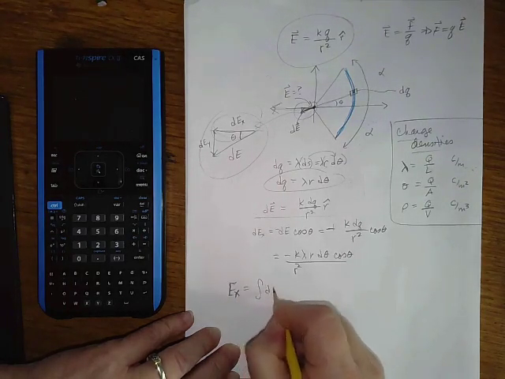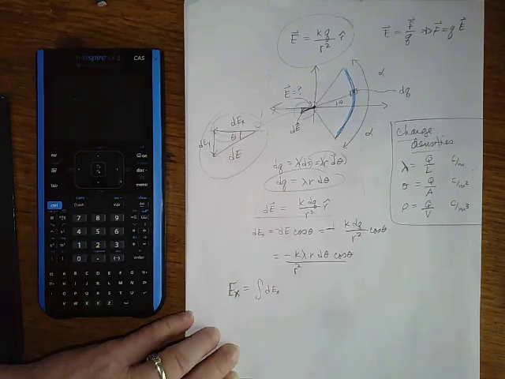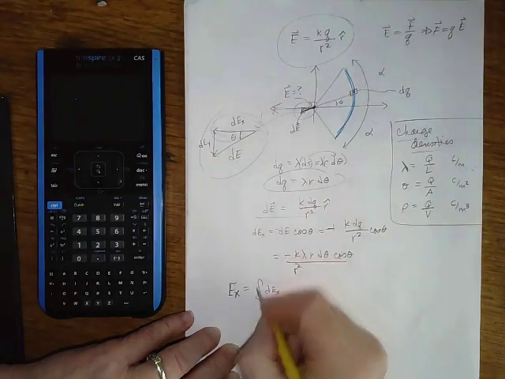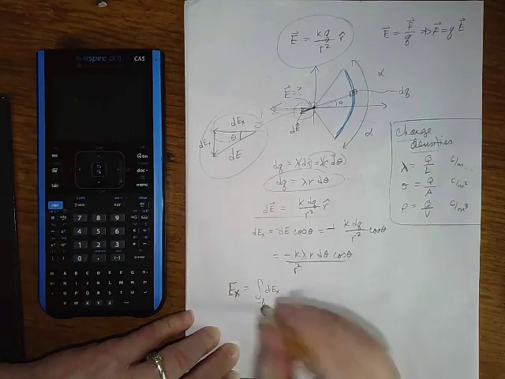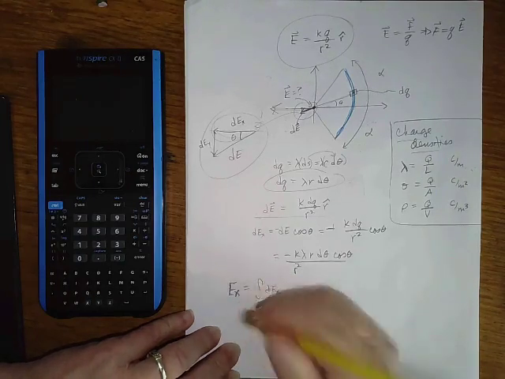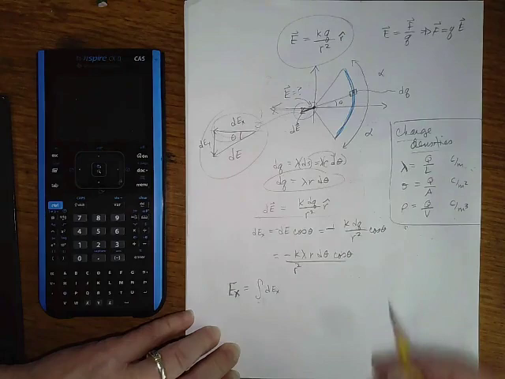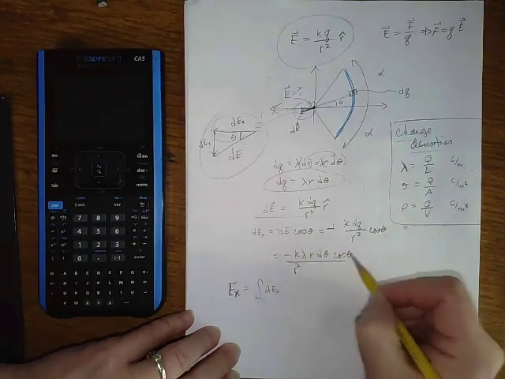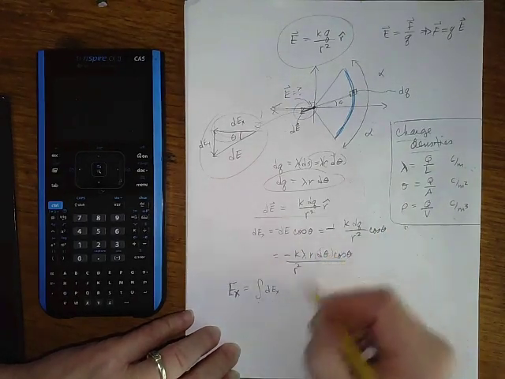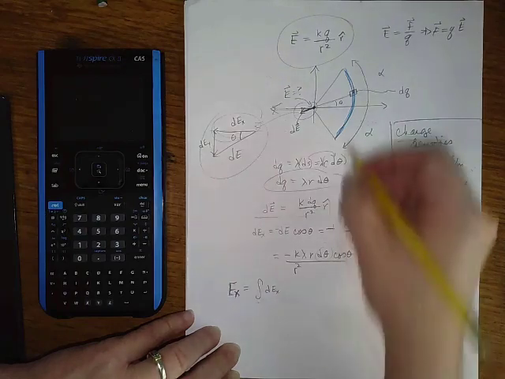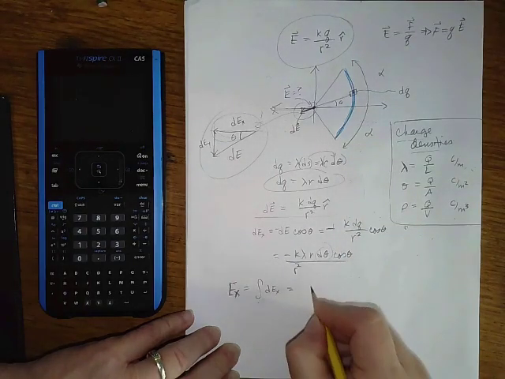So Ex is going to be the integral of dEx. When we get it into thetas, we're going to go from negative alpha to positive alpha. So let's go ahead and fix that up.